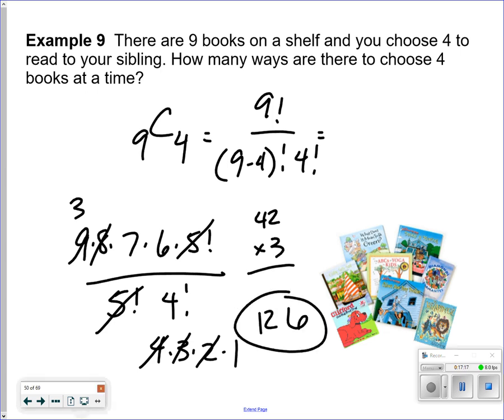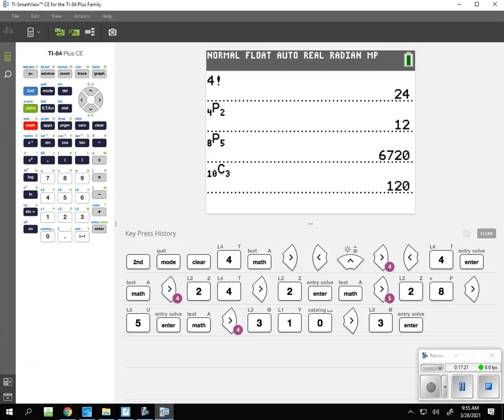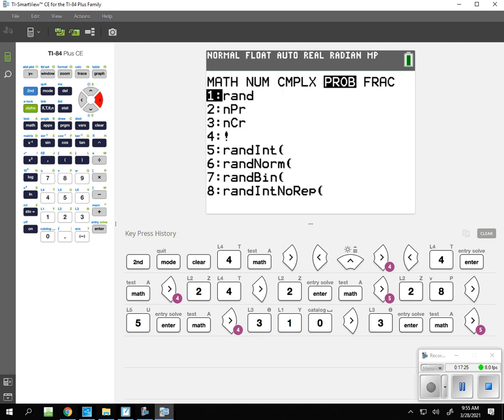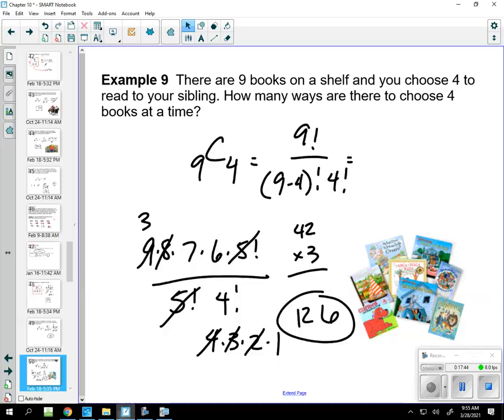I am going to use the calculator here just to prove that I did it right. So I'm going to math, arrow over to probability, number 3. And so we're talking about 9 and, I don't remember what it was, 4? Is that right? Yep, there it is.